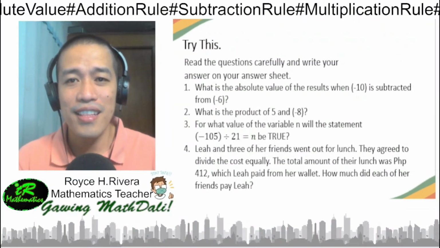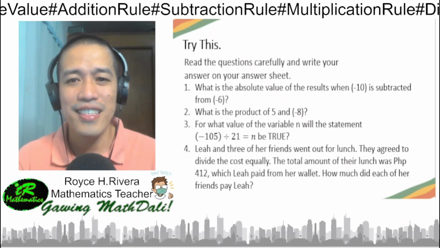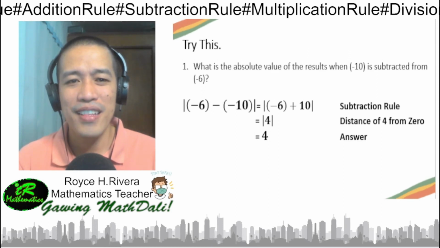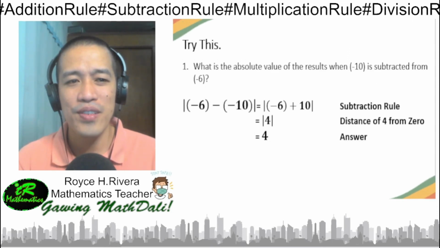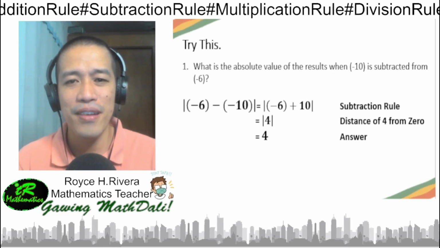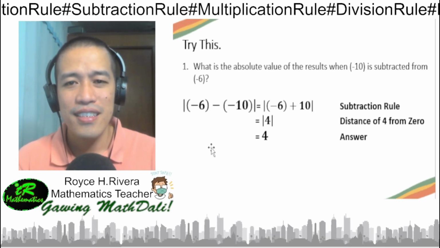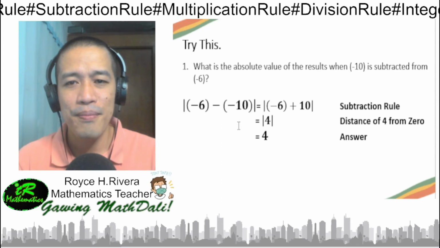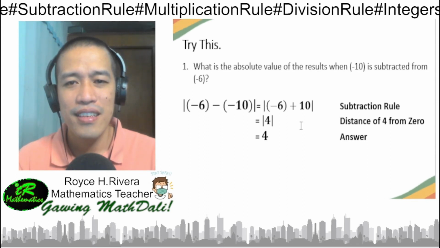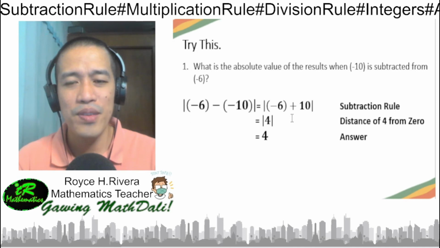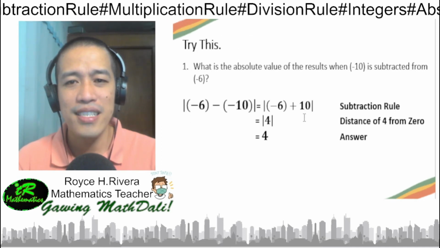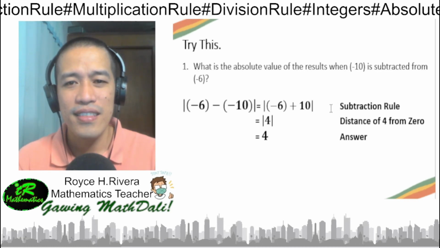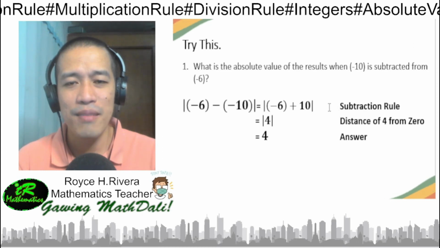Let us go back to our activity earlier, and let us discuss the solution for each item. Number 1, what is the absolute value of the result when negative 10 is subtracted from negative 6? So we write the absolute value of negative 6 minus negative 10, and that is equal to the absolute value of negative 6 plus 10 because of the subtraction rule. Change the sign of the subtrahend, then proceed to addition.